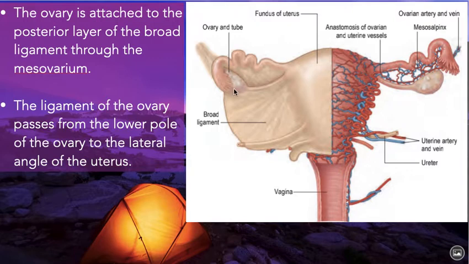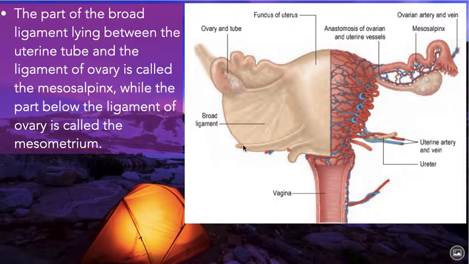The ovary is attached to the posterior layer of the broad ligament through the mesovarium. The ligament of the ovary passes from the lower pole of the ovary to the lateral angle of the uterus. The part of the broad ligament lying between the uterine tube and the ligament of the ovary is called the mesosalpinx, while the part below the ligament of the ovary is called the mesometrium.